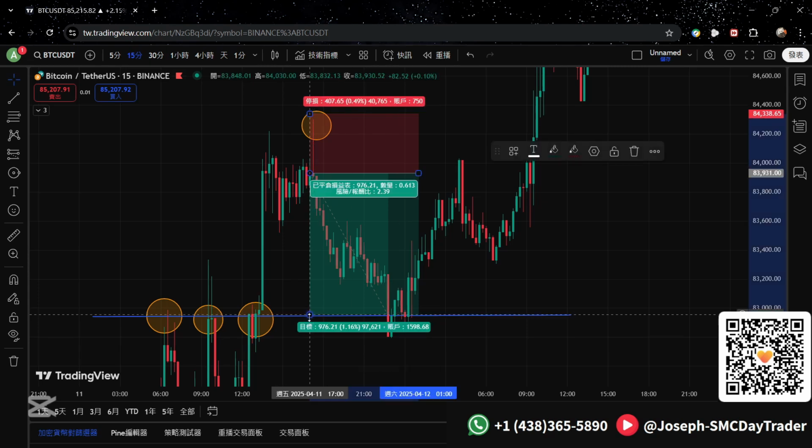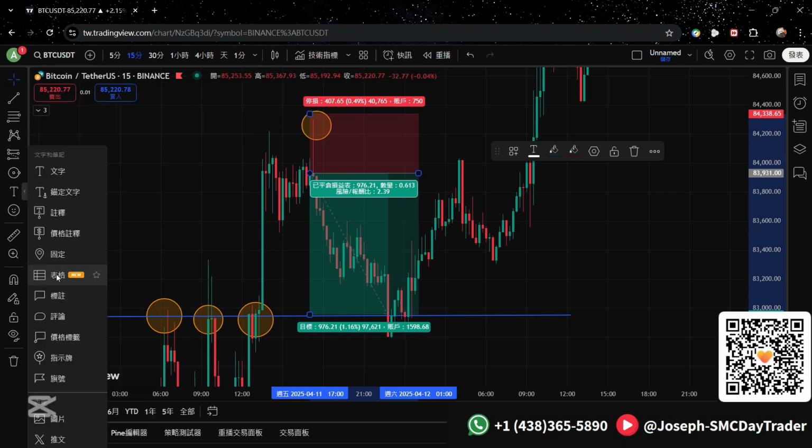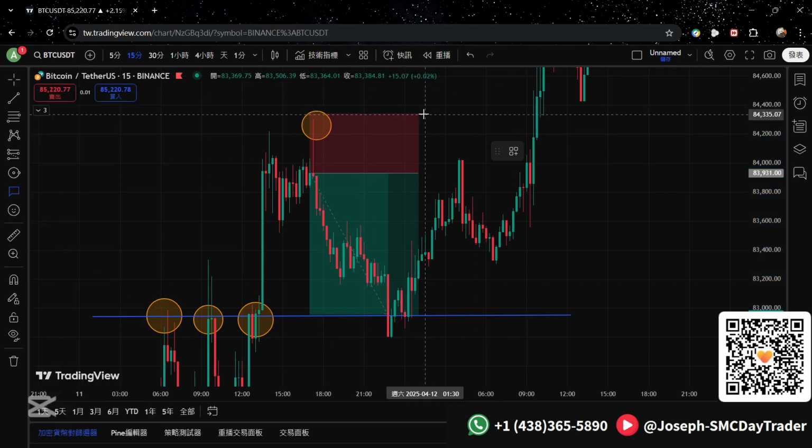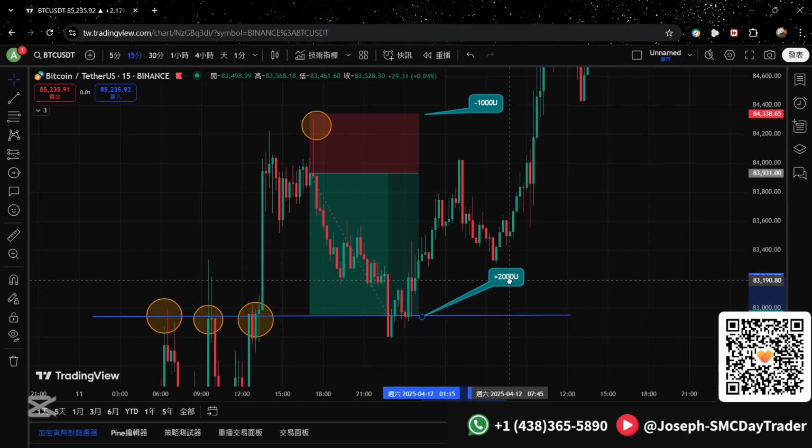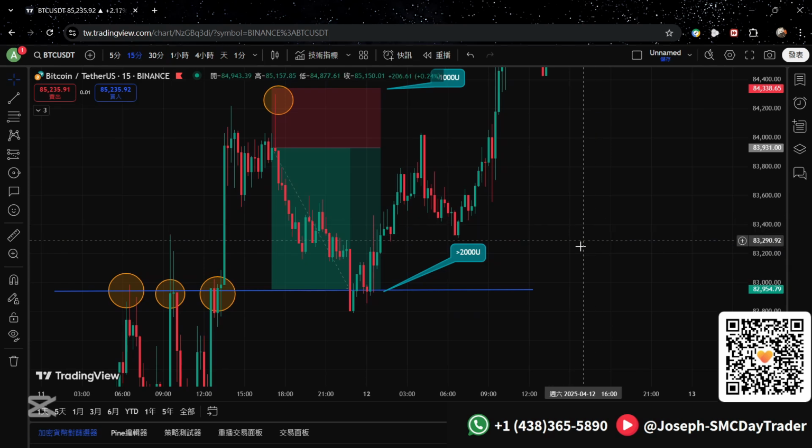That means, for example, if we lose 1,000 here, if the price hits here, we lost 1,000 USDT, then we should find a profit point that is more than 2,000 USDT. We always have to find a profit point more than 2,000 USDT, because it's just easy math.